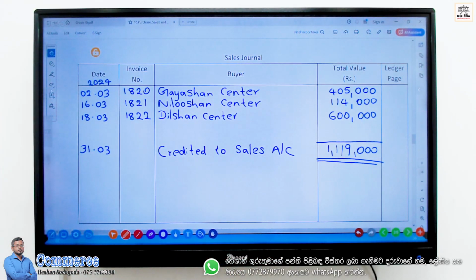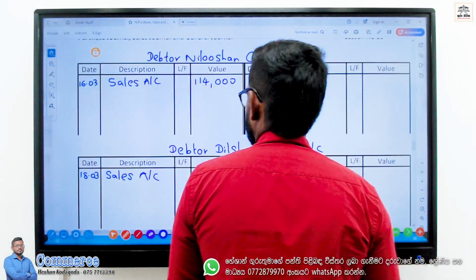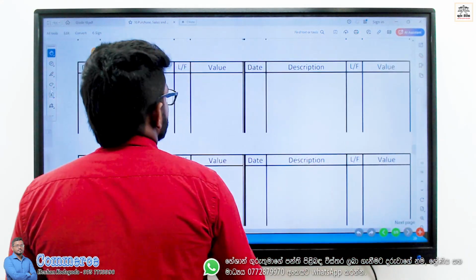Ledger accounts need to be balanced. Open a new account for sales account.